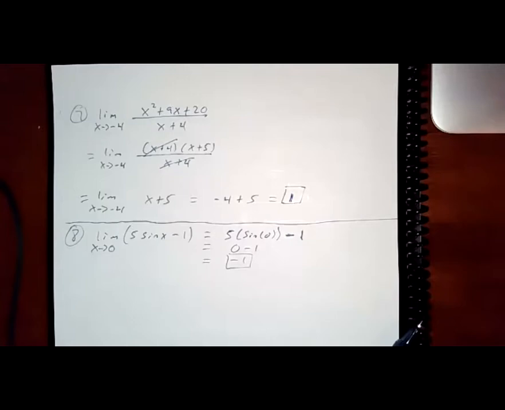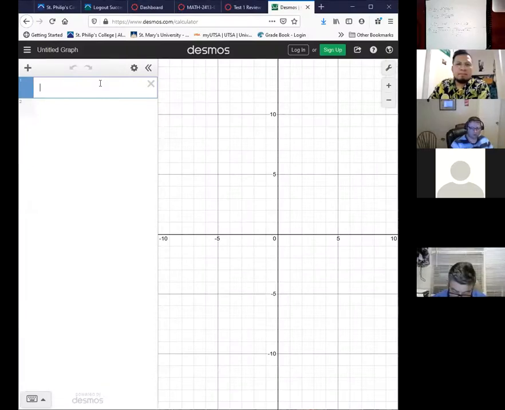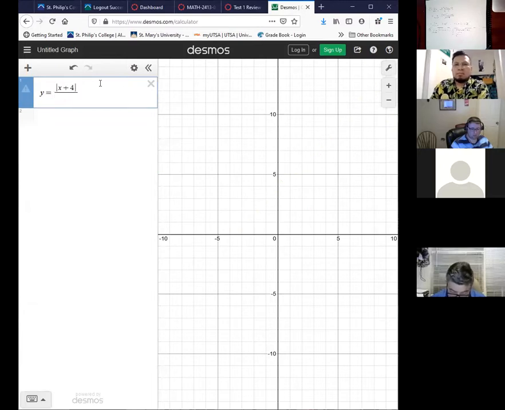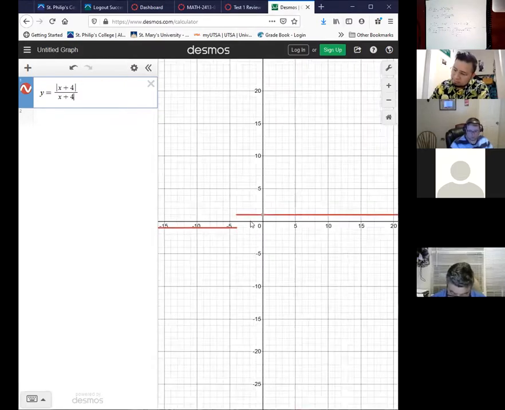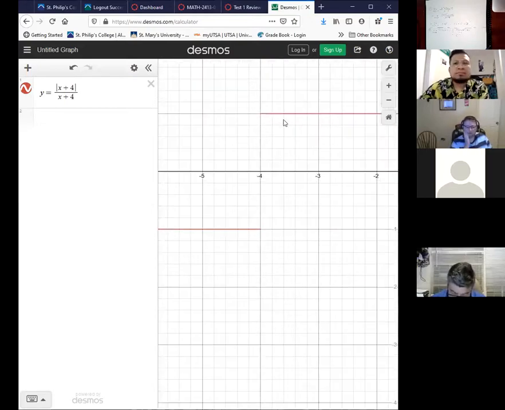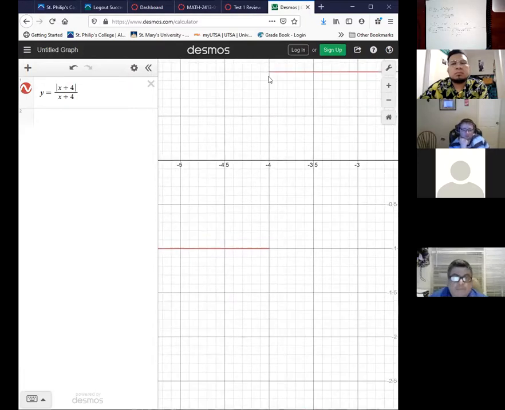All right, the function was absolute value of x plus 4 over x plus 4. So they're asking what's going on at negative 4, right? Clearly the limit does not exist, because the limit from the left, the negative side, and the positive side are not equal to each other. And the function is not defined there.